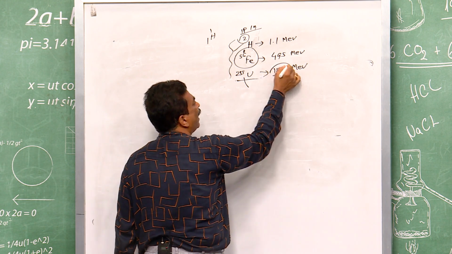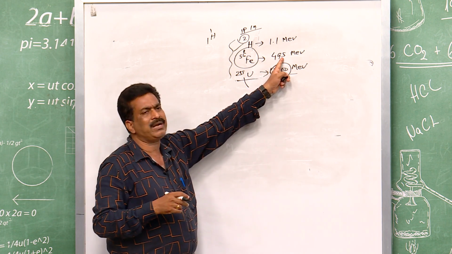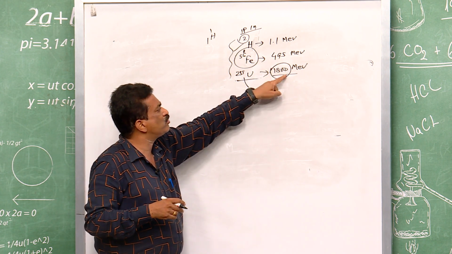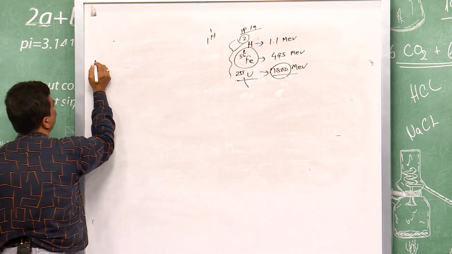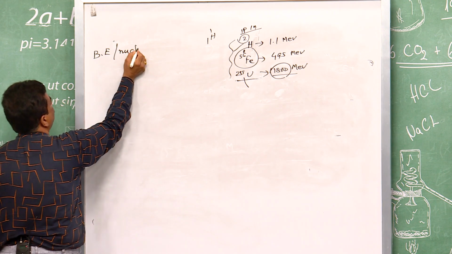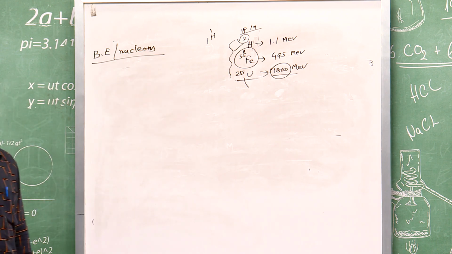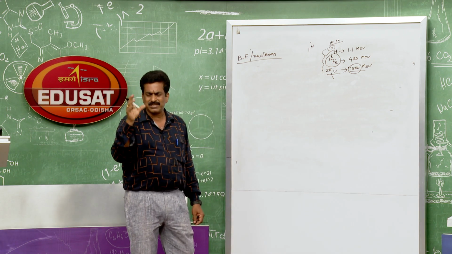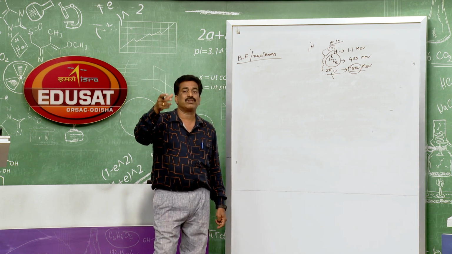Though uranium has 1800 MeV, no doubt, and iron has nearly 495 MeV, looking at these two magnitudes this is more, but this is not more stable. And to find that, we will determine the binding energy per nucleon. It is like asking, per head, what amount of exchequer is collected, and according to that we say that country is the richest one.